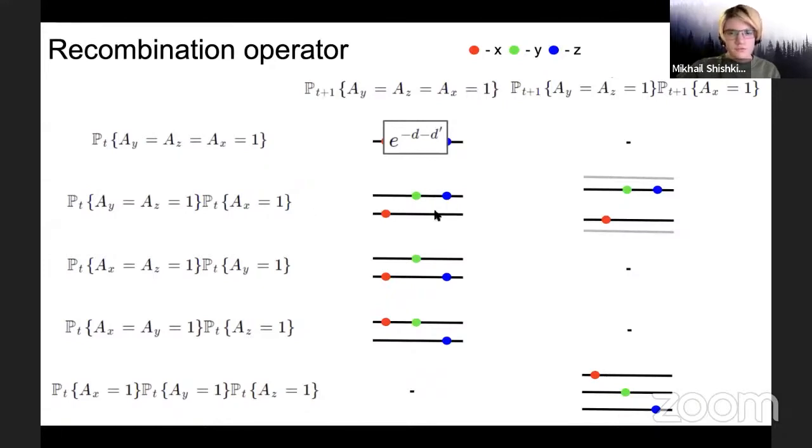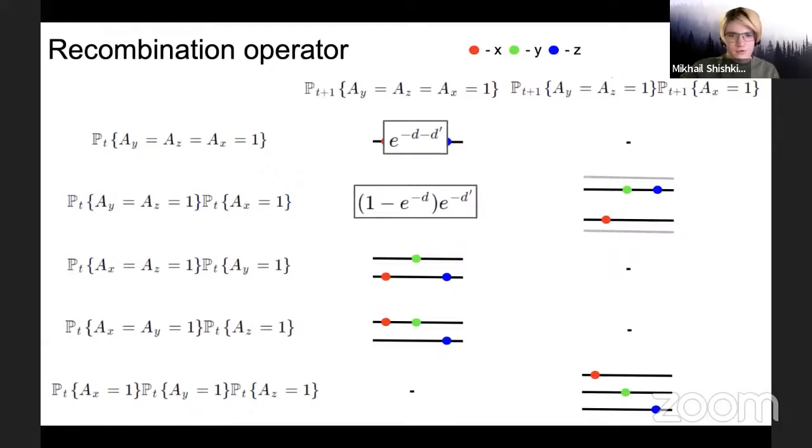And when we have 2 different chromosomes and we want to get one chromosome, we just want one recombination event here, and we don't want any recombination between Y and Z. And the probability for this event is 1 minus e to the power minus d, multiplied by e to the power minus d prime.